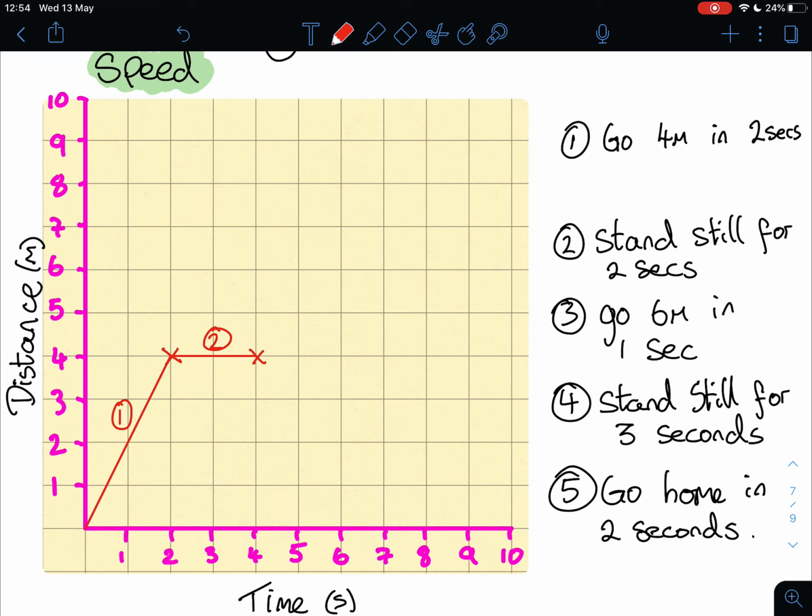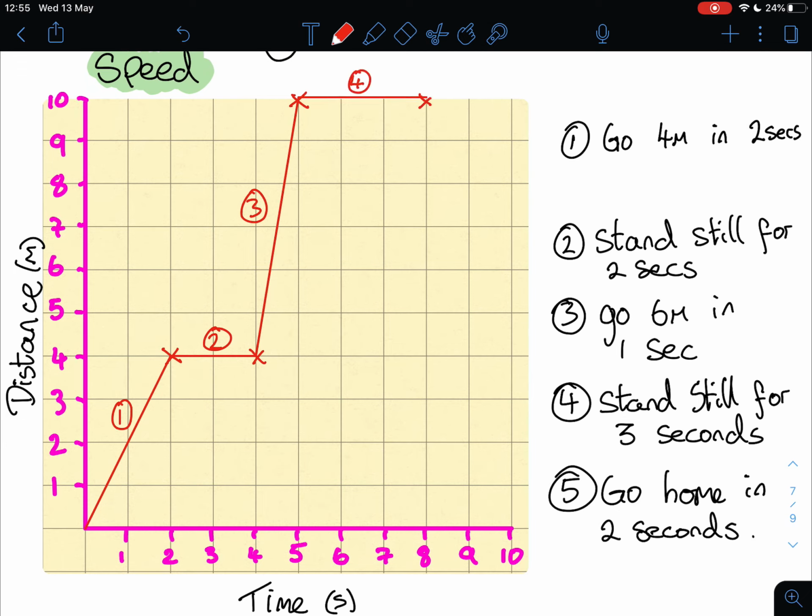Next, I go 6 meters in 1 second. Now I've already gone 4, so 6 more puts me up at 10. And I've done that in 1 second of time. So I bring it to this point here. I'll write a number 3. Next, we stand still for 3 seconds, which puts me 3 seconds across. Across there, that's number 4.